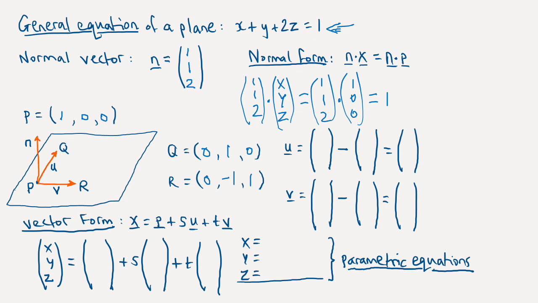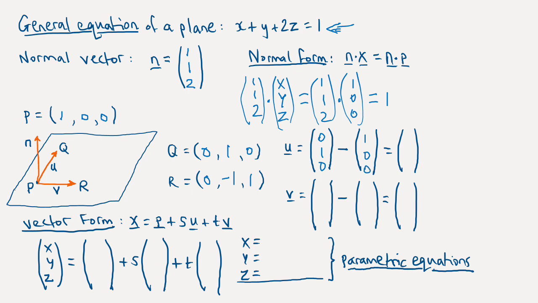So in this case, let's figure out what u is equal to. So u is q minus p. So if we look at elements in q and elements in p and subtract them, q is 0, 1, 0, and p is 1, 0, 0.